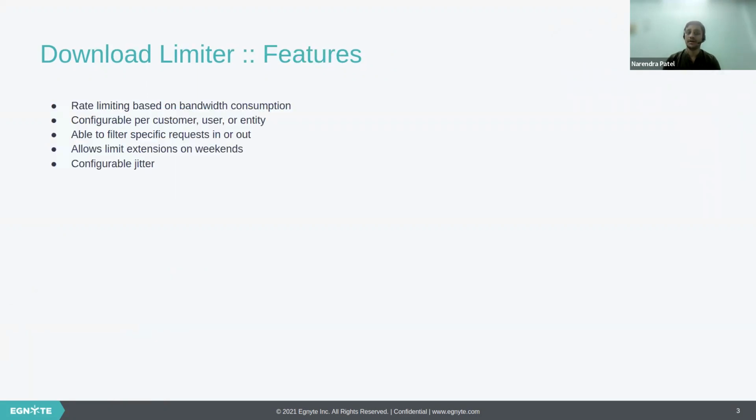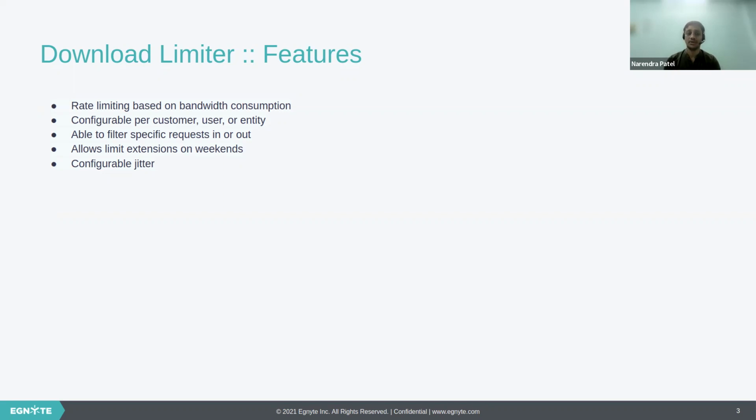Some of the features of download limiter that we'll talk about. Download limiter helps you rate limit based on bandwidth consumption. So you can configure it according to any customer, user, or any particular entity that you want to bandwidth rate limit. Like you probably want to rate limit a user, or a customer, or a particular domain.